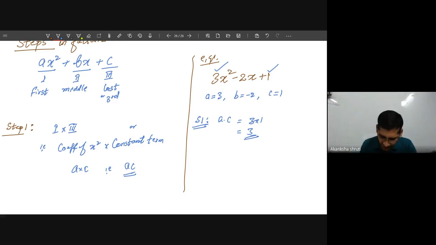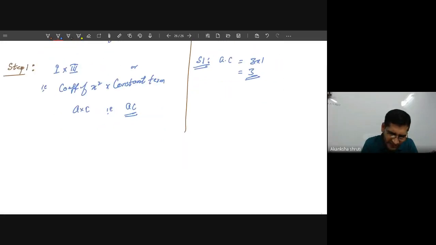Okay. Now step number 2 is that now you have to factorize this ac. So you have to write all factors of the product ac.